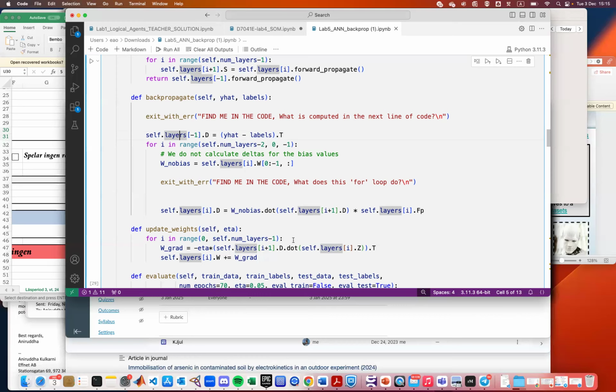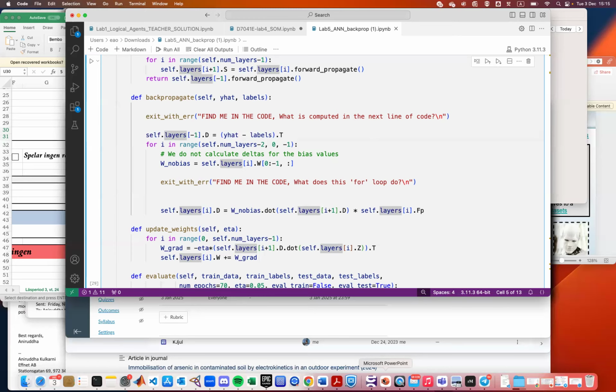So how many of us are on the same page? May I ask you something? The dot D, is that like the derivative? Yes. You compute the derivatives and use them in the backwards path. But is it the gradient or is it the derivative?